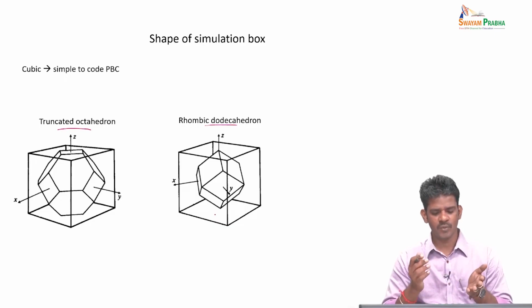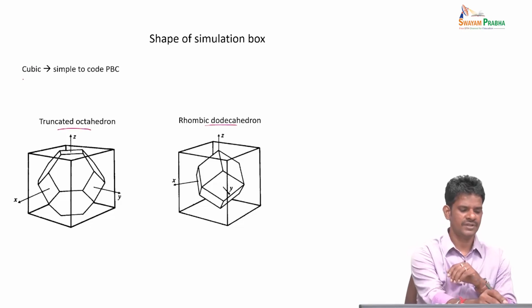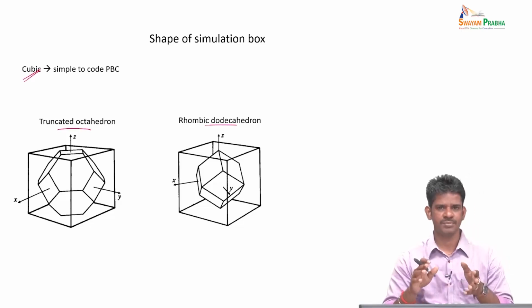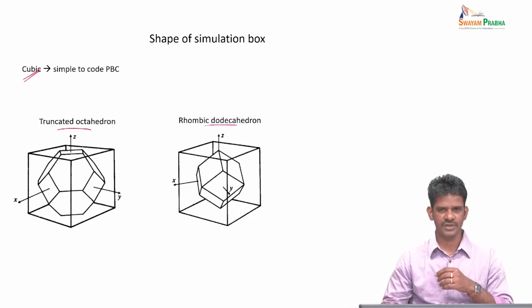So you have to look at the advantage of using the non-cubical box versus how much computing complexity you want to involve. For most practical purposes, if you look at research papers doing MD simulations, they often go with a cubic box. But I want to inform you that we are not limited to only a cubical box. Any space filling geometrical shape should work, such as the truncated octahedron and rhombic dodecahedron. This is something for us to keep in mind.